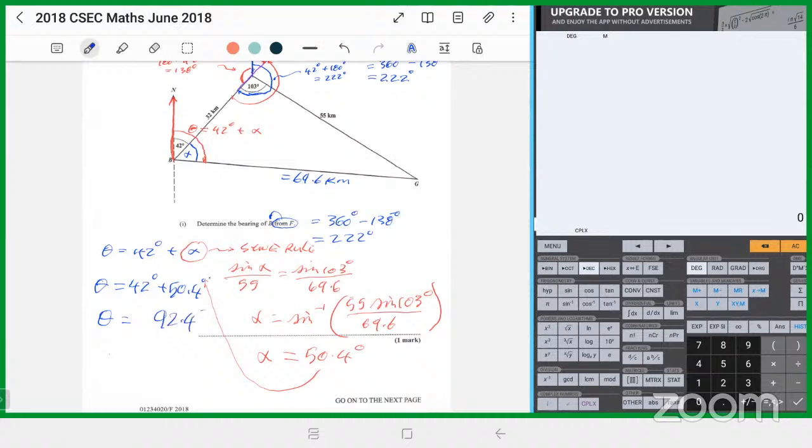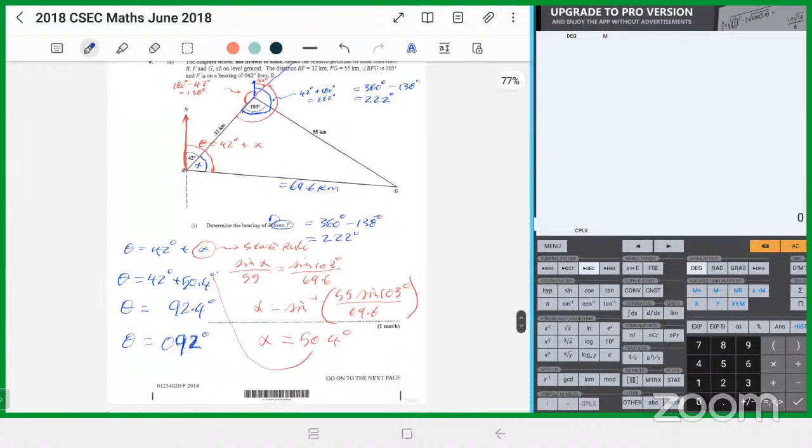If you add them, theta becomes 92.4 degrees. But as an answer in bearings, you're going to give it as 3 digits. You correct this to the nearest whole number, you get 92, and you have to put the 0 in front of it because it's 3 digits you have to show. So it's 092 degrees. That is the calculation.